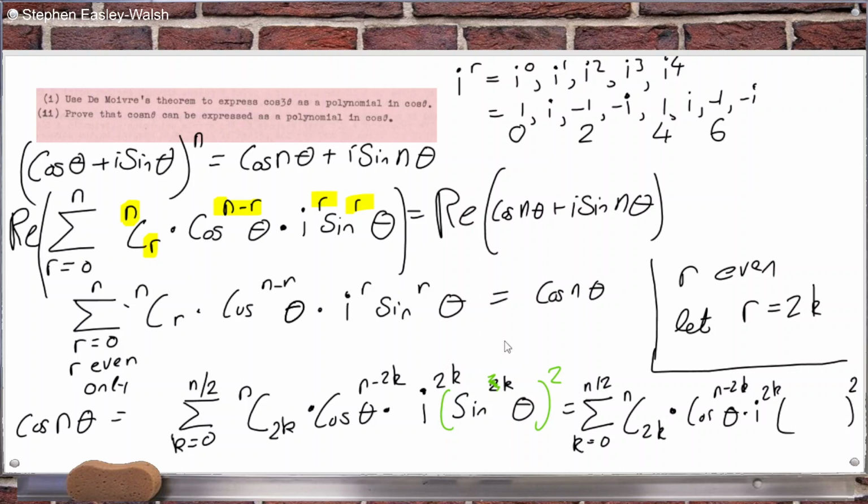Oh, I did it the wrong way around. What I'm doing is taking the k outside the bracket, leaving inside sine squared. So then I can change sine squared into 1 minus cos squared theta, and that's to the power k instead of 2.